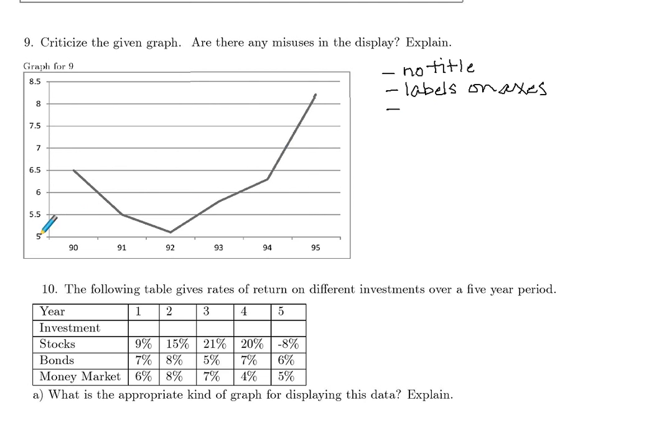And then also, this vertical scale doesn't start at 0. That's called a baseline change. You don't need to know that term. You just need to recognize that the vertical scale doesn't start at 0. That can be deceptive sometimes because it makes the vertical heights look like they're in the wrong proportion.